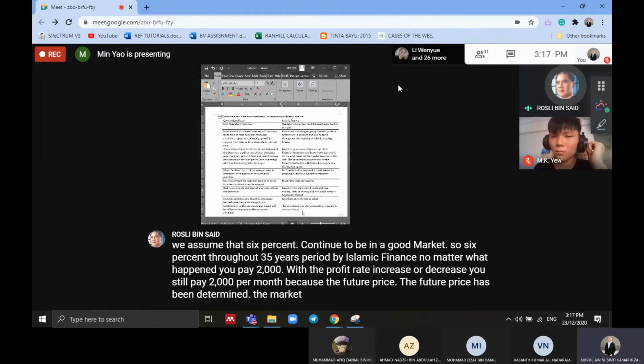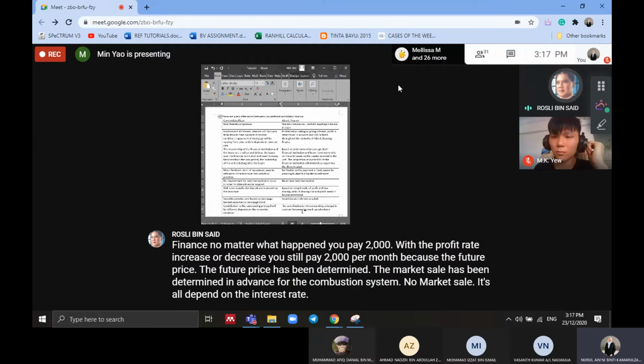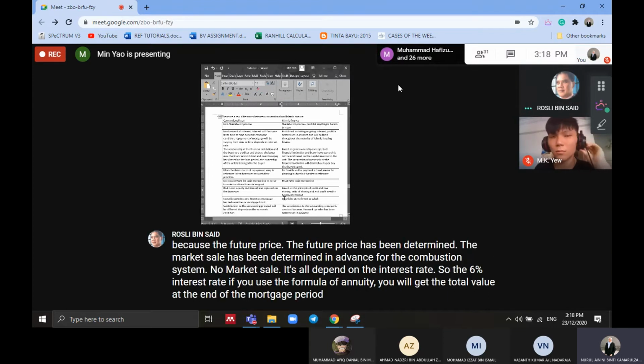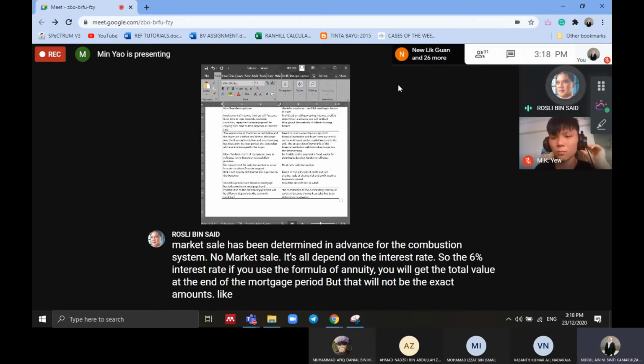The markup sale has been determined in advance. For the conventional system, no markup sale. It all depends on the interest rate. So with the 6% interest rate, if you use the formula of annuity, you will get the total value at the end of the mortgage period. But that will not be the exact amount like Islamic finance.